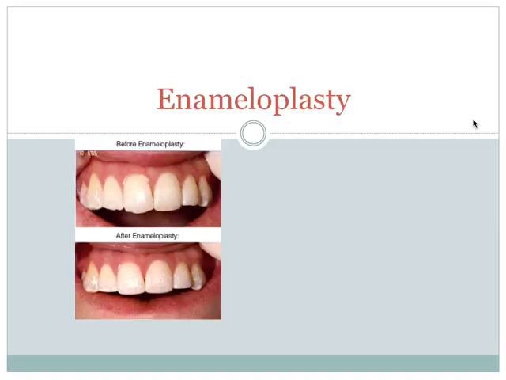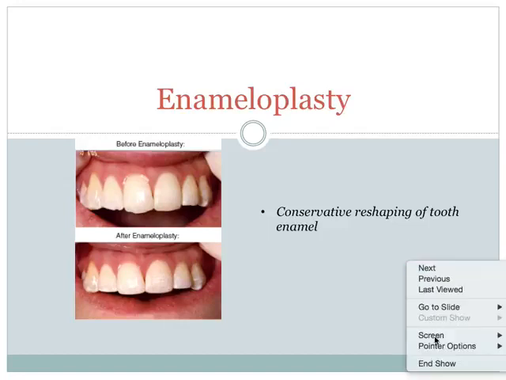So enamelloplasty is the conservative reshaping of tooth enamel. Now this can involve the removal of pit and fissures to create a smooth, saucer-shaped surface that can be more easily cleaned.